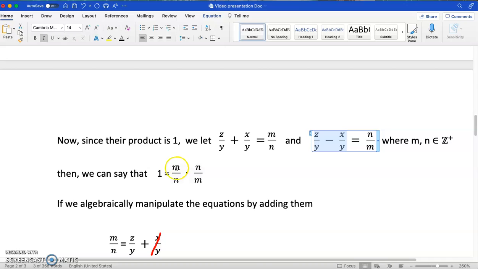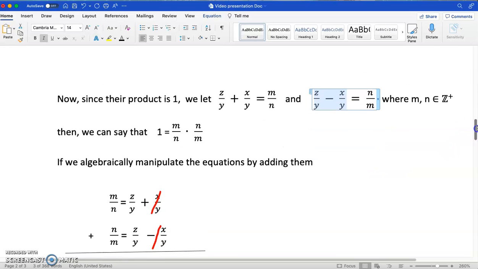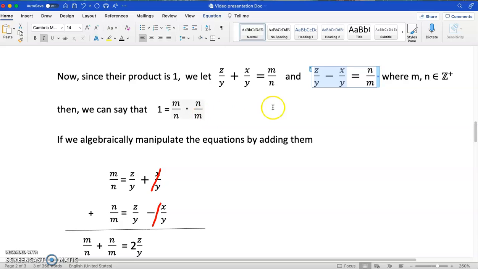Well, m over n times n over m is equal to 1. We simplify this n with this n and this m with this m, and we get 1. So when we do this, we are saying that m over n equals this and n over m equals this. Now let's remember here that m and n are positive integers.